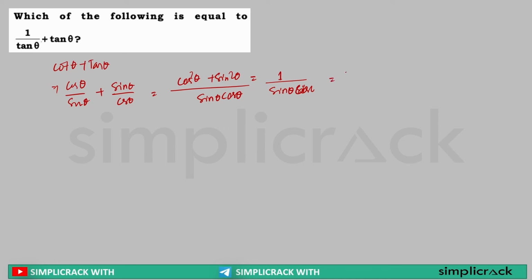Now 1 by sin theta is cosec theta and 1 by cos theta is sec theta. So the answer is cosec theta into sec theta. This sort of question will be directly asked in RRB NTPC. So be prepared. Clear? Next.